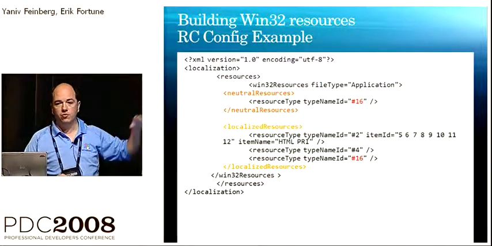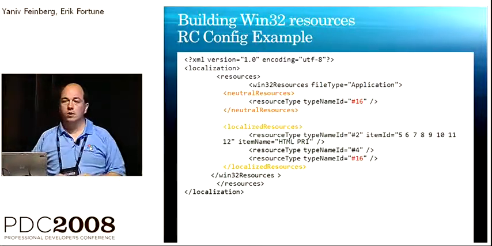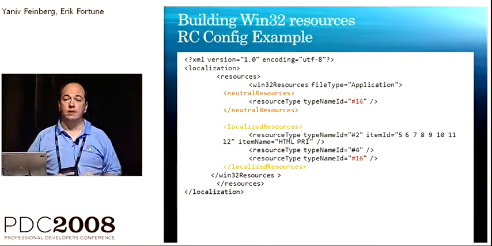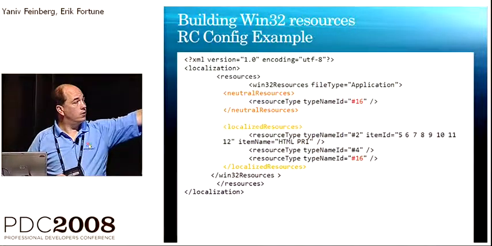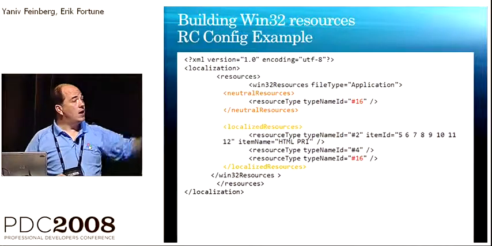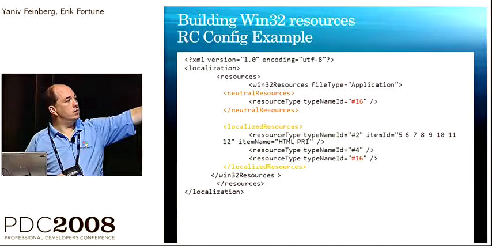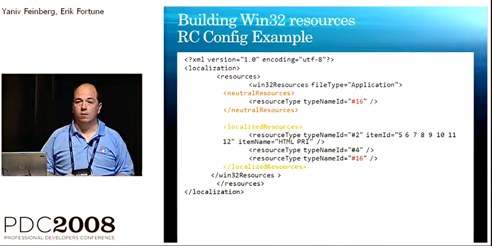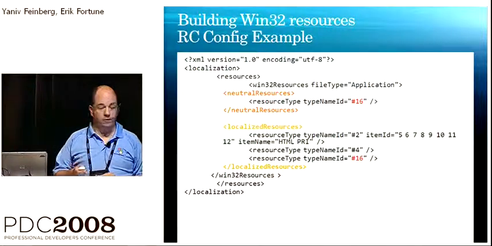Just put all of your strings in the resource files, but you don't necessarily need to. You can also specify resources by ID to be split. Right? So for the type name 2, we put specific items in the localized resources. Any other type 2 resources that don't match one of those IDs or names will end up in the language neutral main file.